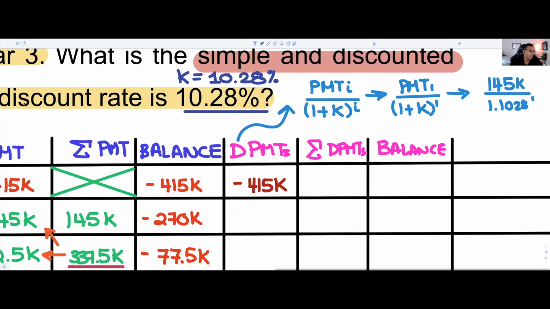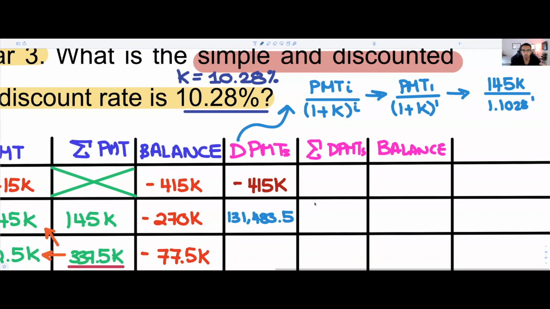Now, if you plug that in, and I'm going to make sure, since it's my first time doing the question, that I'm doing it okay. It should be fine though. 10.28, yeah. If you plug that in, you should be able to get 131,483.5.